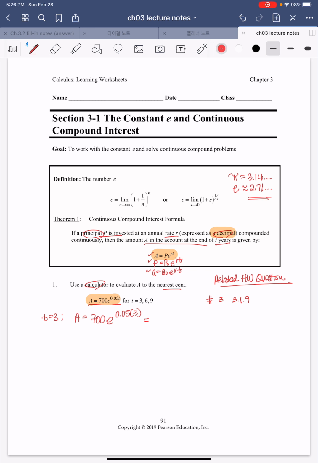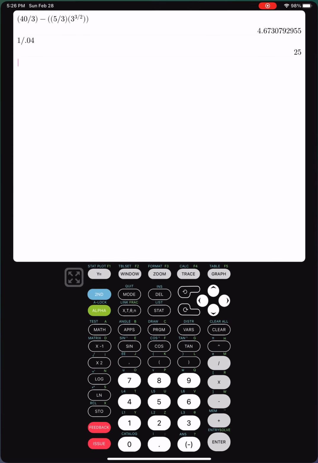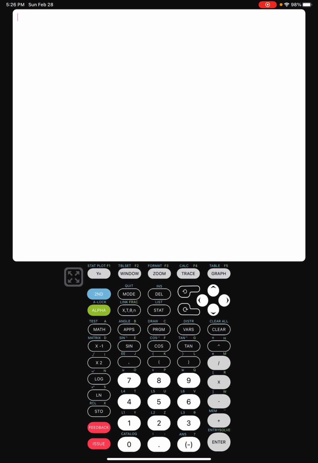You just have to literally plug it into the calculator. Let me pull out the calculator. Let's clear it. So 700, the e function is above the ln key, in blue, so you press the second key and then ln for e, and we have 0.05 times 3.